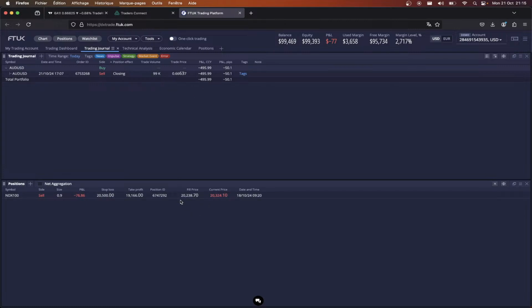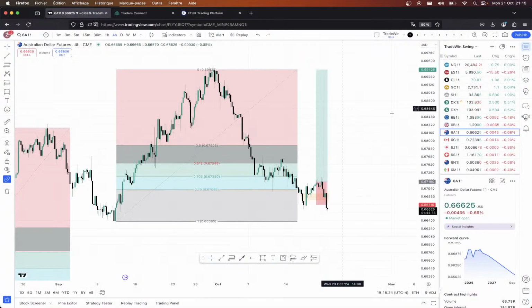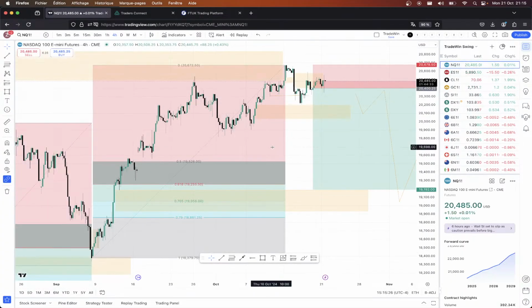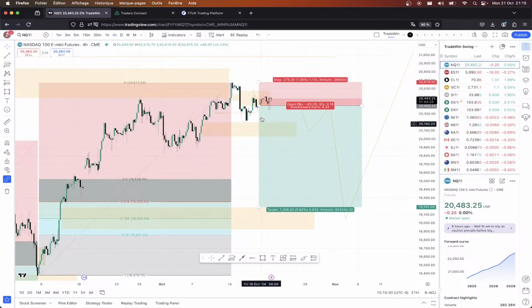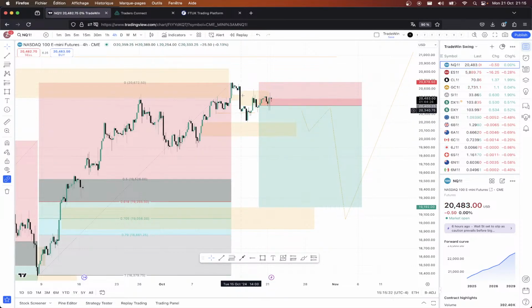So I still have my NASDAQ trade open. Let's review that. My NASDAQ trade was opened on Friday because I saw this massive candle down here, a nice rejection from this fair value gap.